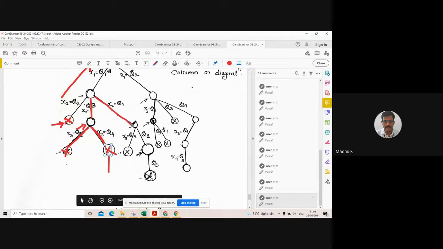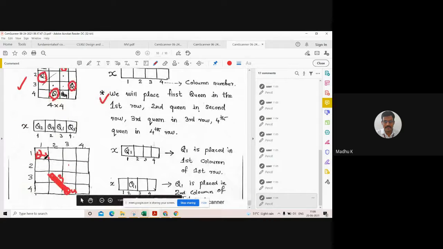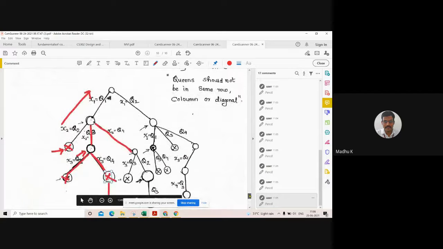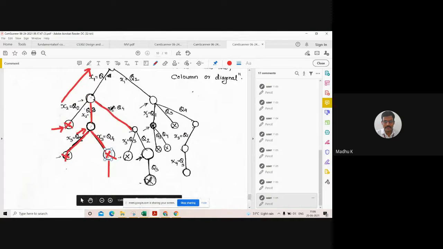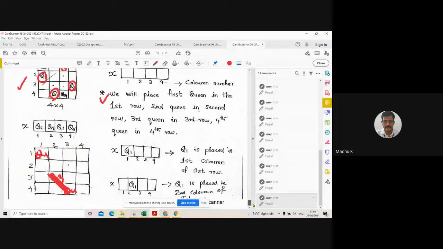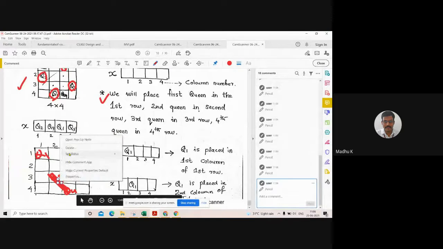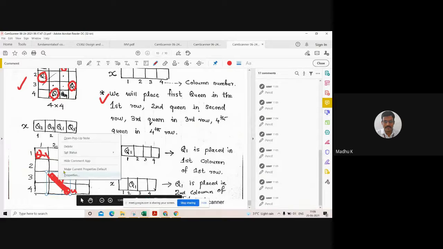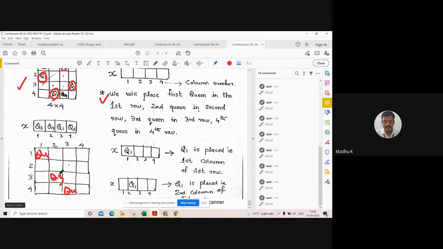This path. So Q1 is 1. Q1 here. Then what is Q2? X2 is equal to Q4, which means in the second column I will place Q4.